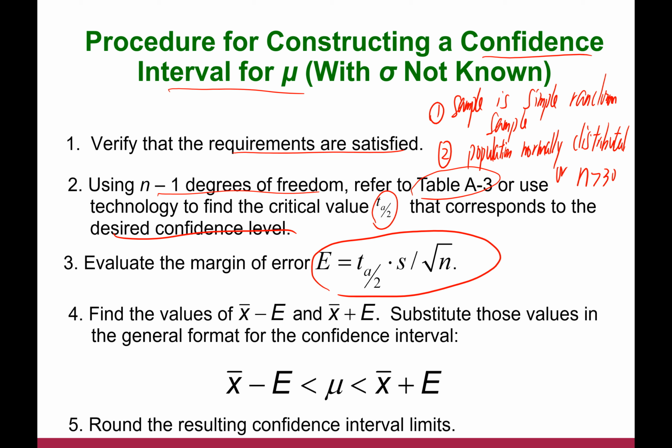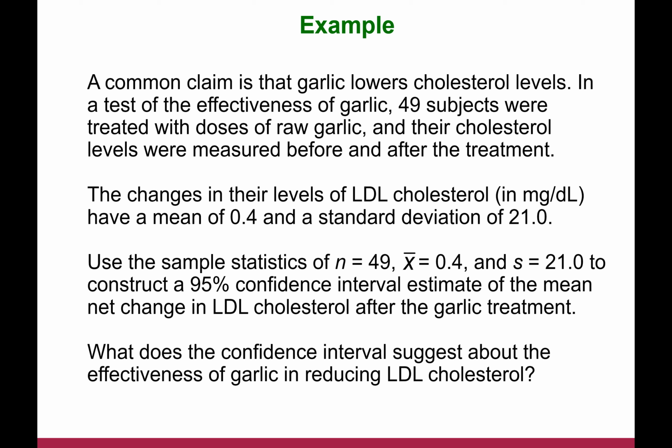Then we construct a lower limit using sample mean minus margin error, and an upper limit using sample mean plus margin error, and the population mean is located within the interval. After that, we round the resulting confidence interval limits to 3 significant digits.